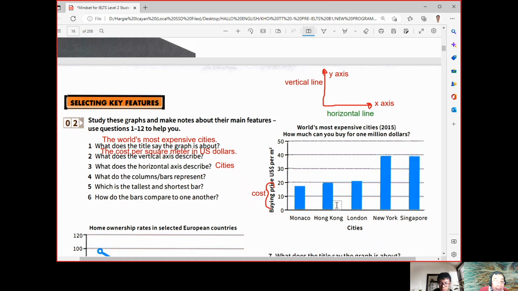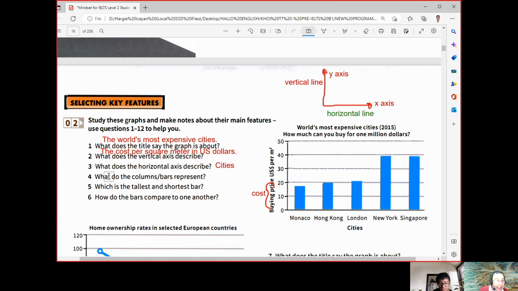What do the columns or bars represent? The columns present the fixed dollar per meter of each city.